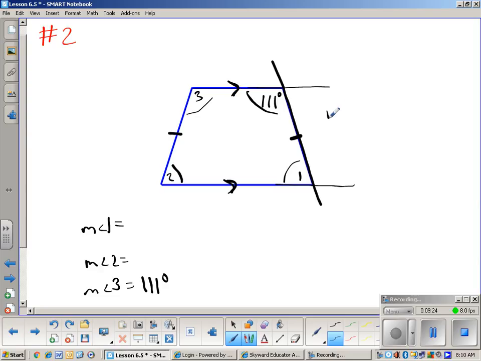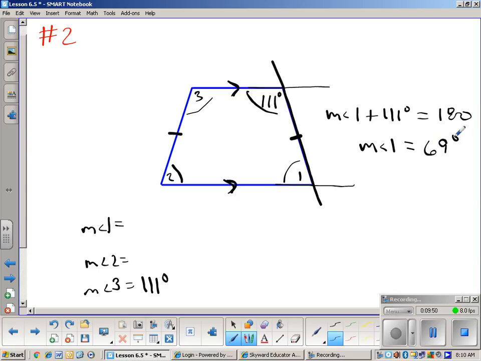And so that means measure of angle 1 plus 111 degrees equals 180 degrees. So measure of angle 1 is going to equal 69 degrees. Okay?